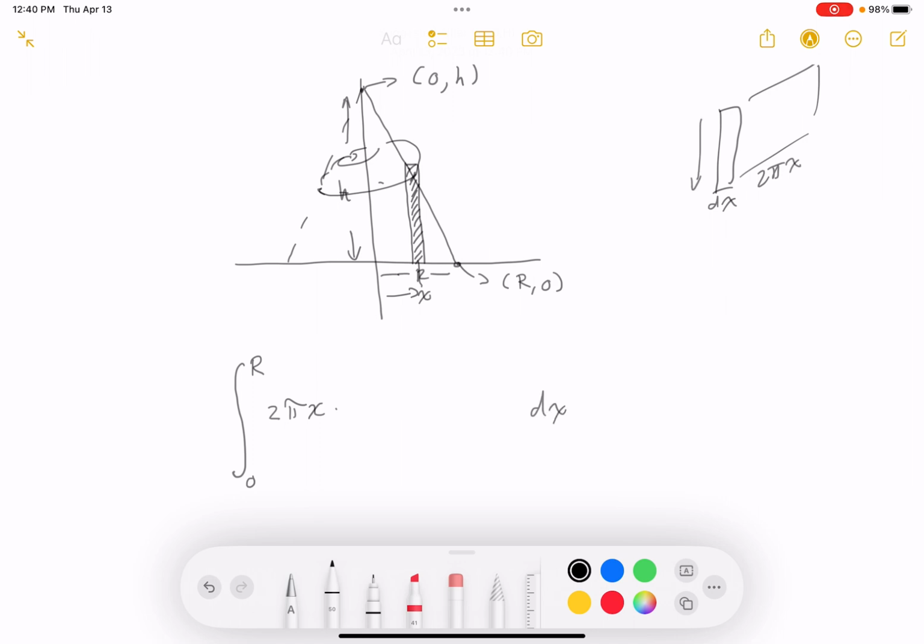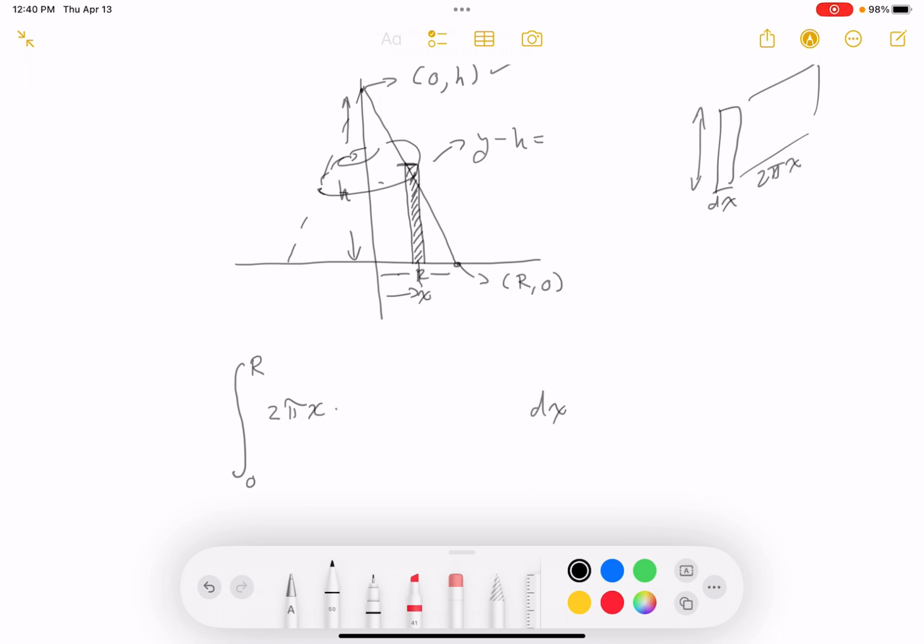And now I want to get the height of it. What's the height going to be? Well, something to do with that line there, so I need to write the equation of the line down. Let's use this point over here: y minus h equals, let's see, what's the slope of that line?